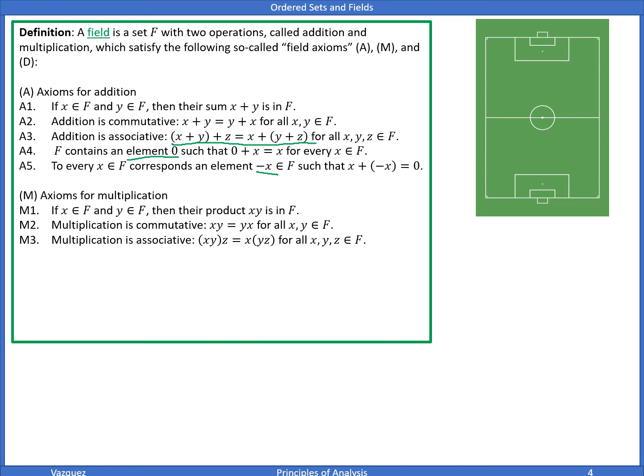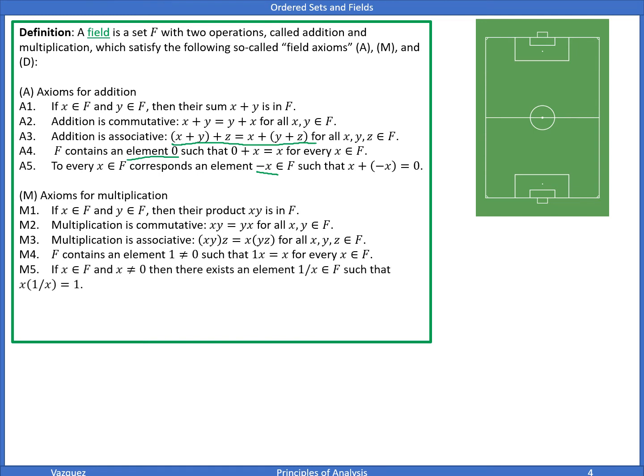F contains an element, in this case, it's not 0, it's 1, such that 1 times x is equal to x for every x in F. And there's also that inverse element. So for every x in F, there's also an inverse, 1 over x in F, such that you multiply both of them and you get this element up here, the multiplicative identity.